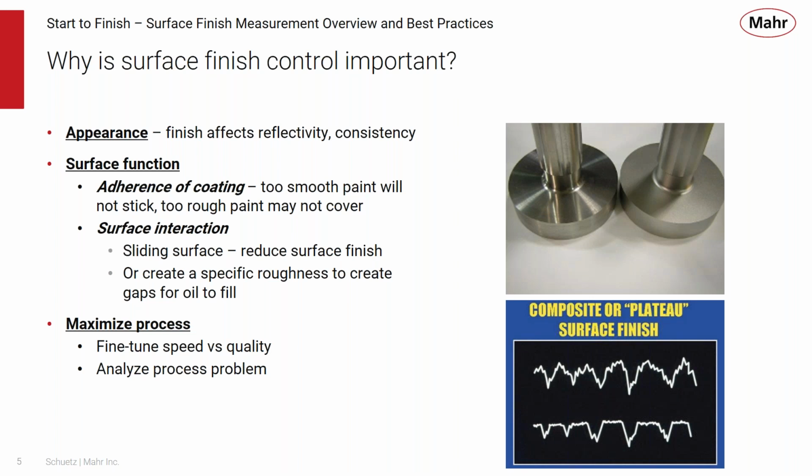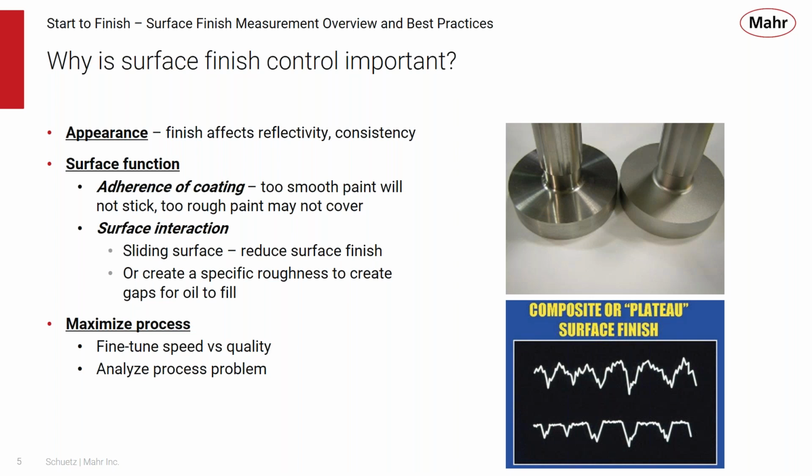And you may want to monitor the surface finish to maximize the process. We'll see how machine parameters, feeds, and speeds affect and create the surface finish. You might want to monitor the surface finish to maximize the processes, but still get the same quality that you want for your part.